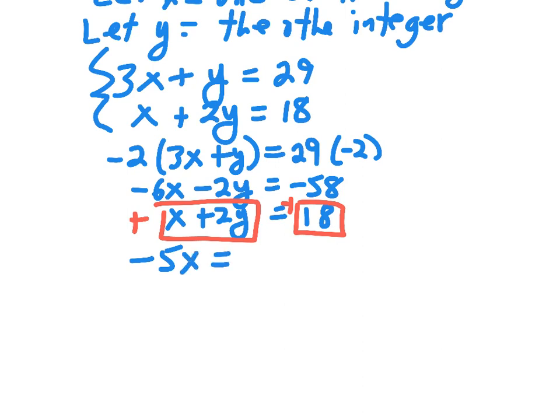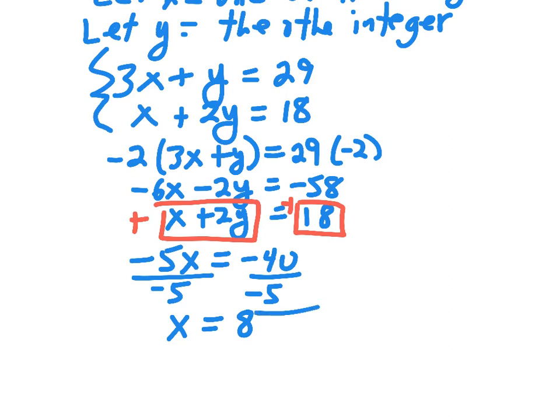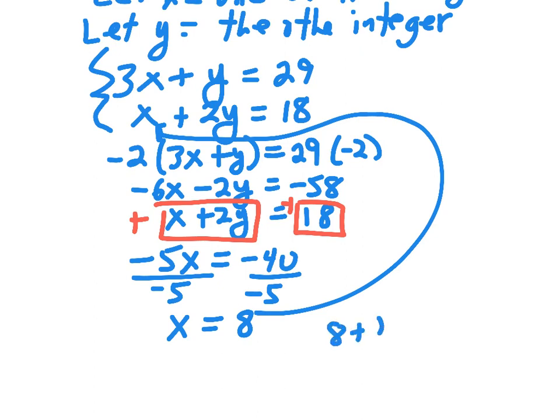-5x equals -40. Divide by -5, and I get x equals 8. And then if I just plug into either of those, if I take this and plug it in right here, I'll get 8 plus 2y equals 18.